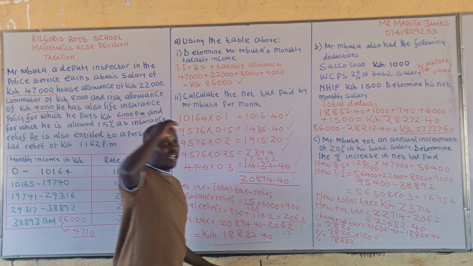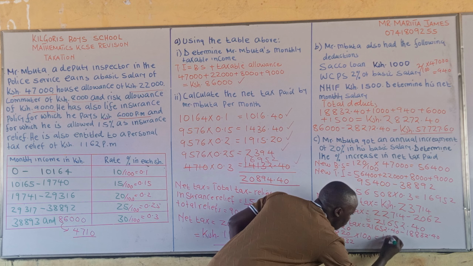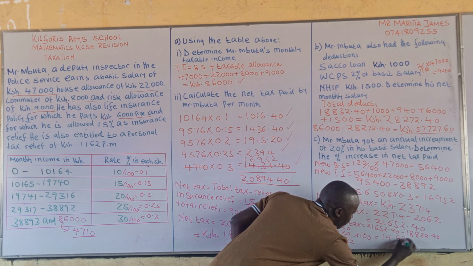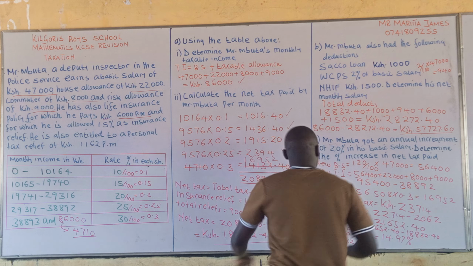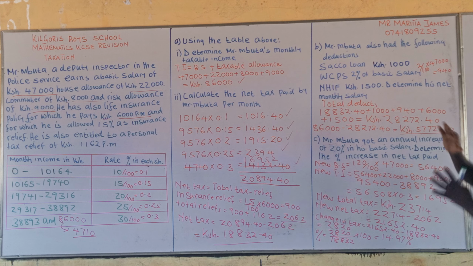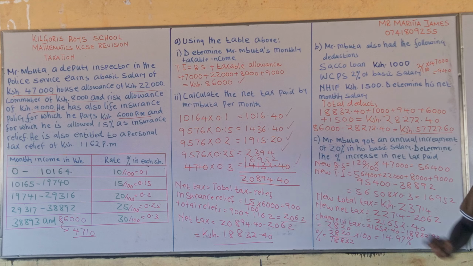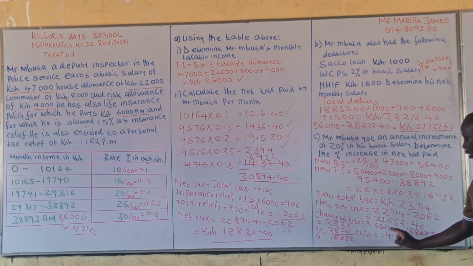That will give us a percentage increase of 14.97%. So this is the percentage increase in the net tax. When the annual increment is 20%, there is an increase in the net tax equivalent to 14.97%.